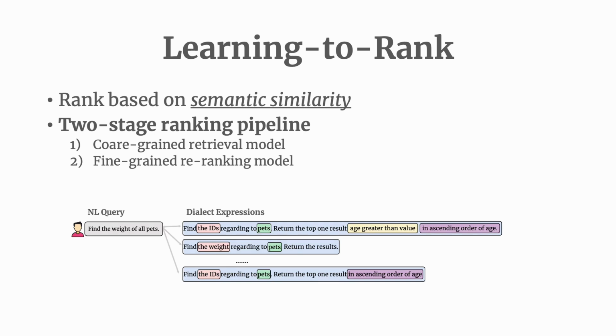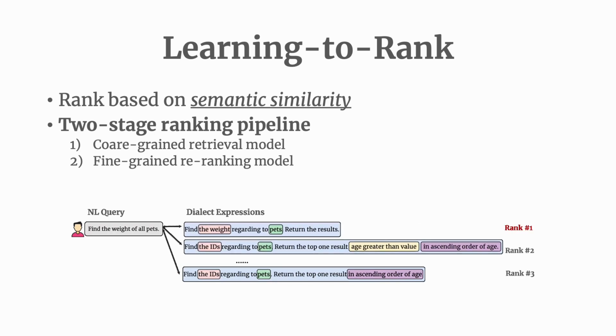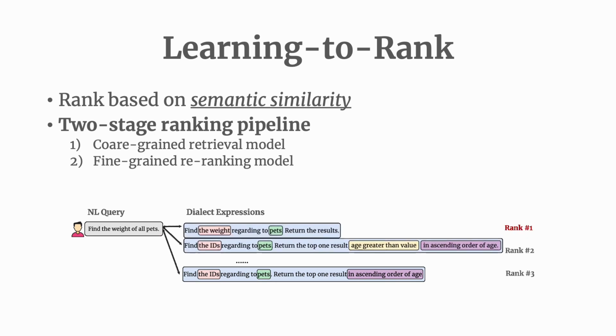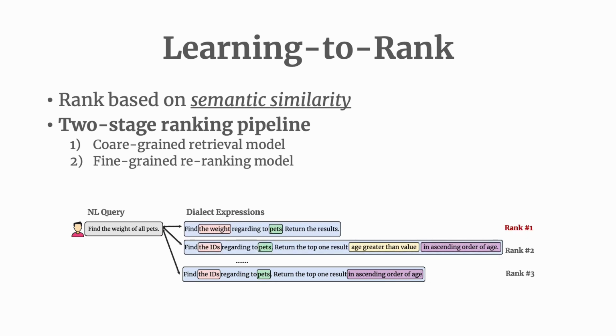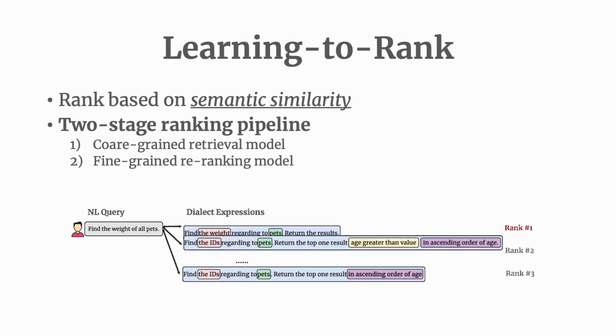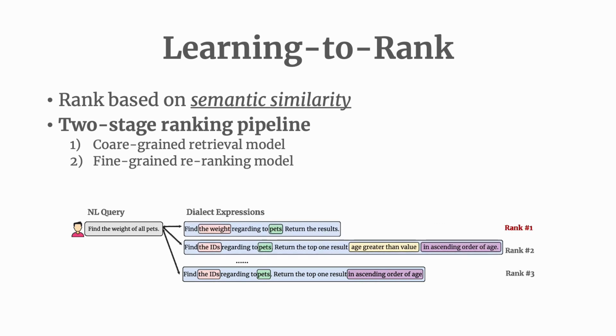After having the generalized SQL queries and the corresponding dialect expressions, the final step is to rank them based on semantic similarity between the given natural language query and each of the dialect expressions. In our work, we choose to use a learning-to-rank method to implement a 2-stage ranking pipeline.